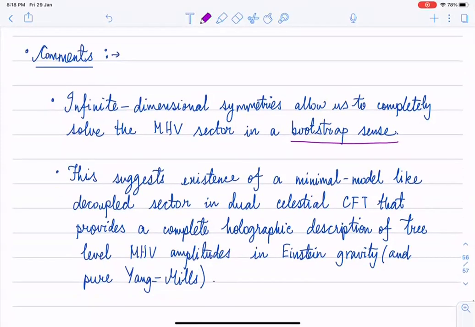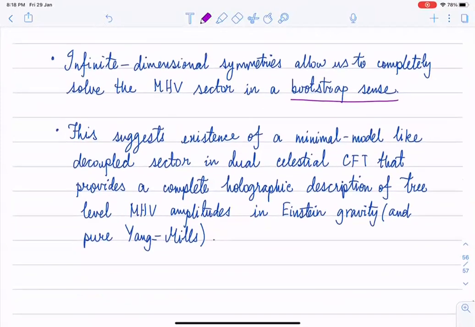And you can also drape some fancier words around this. What this hints at is the existence of a minimal model like, actually decoupled, sector in the dual celestial CFT.